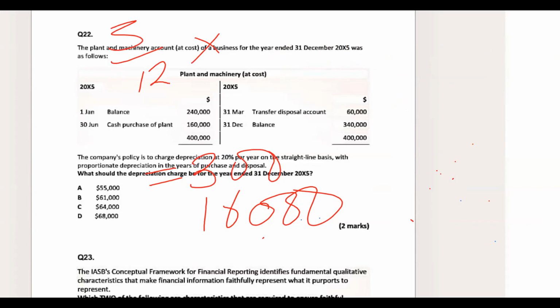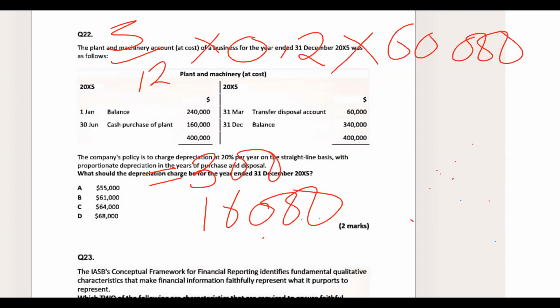Then the answer that you find, you multiply by 0.2. Then you multiply by 60,000. Yes, it's 3,000, right? Okay, 3,000. All right, we are fine now.